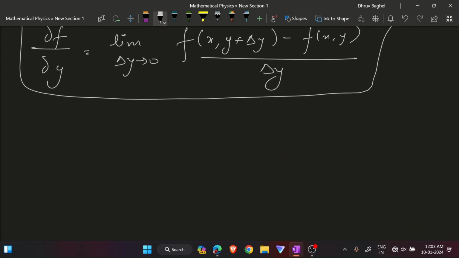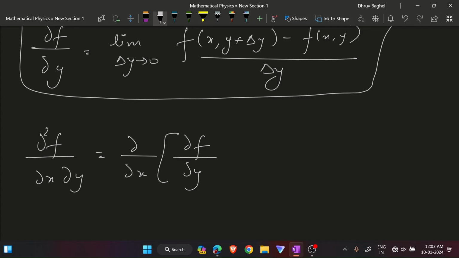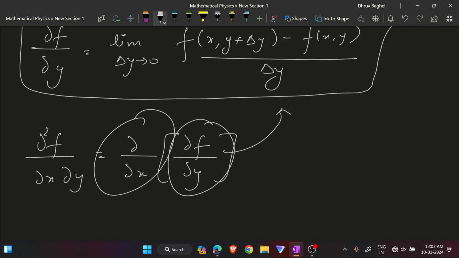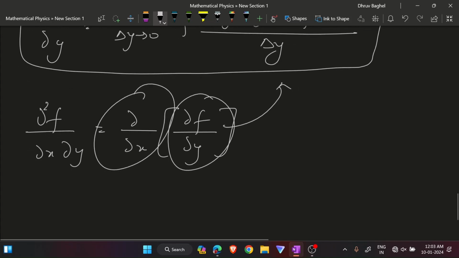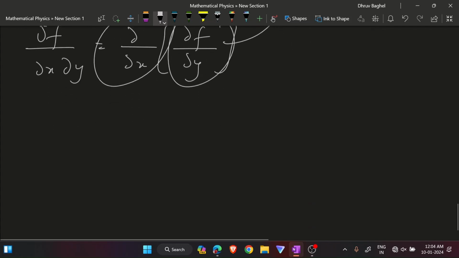What about the mixed derivative? This is nothing but you can split it like this. First you find this, which is already defined, and then you also change the other variable, keeping the first variable constant.